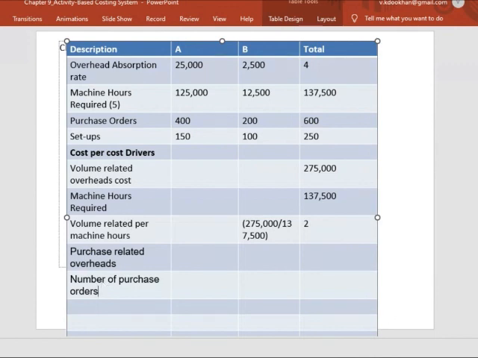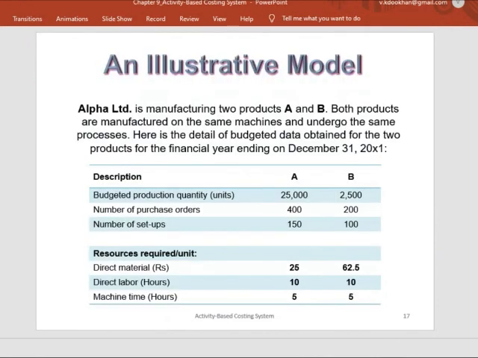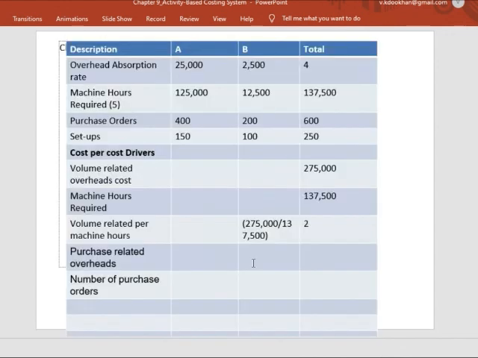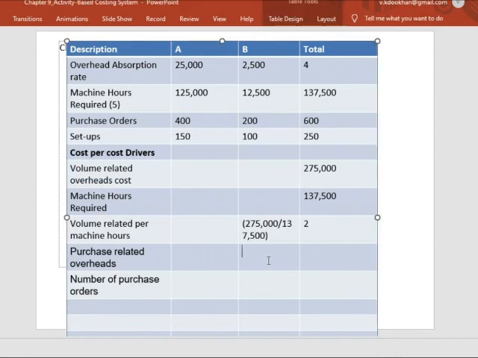When we look at the purchase related overhead, it is 300. Okay, 300. And purchase orders total is 600.